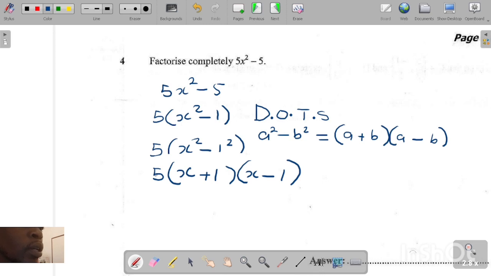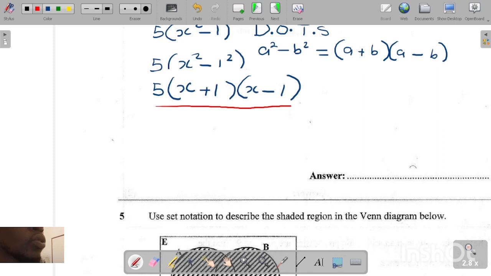So now we have factorized this expression completely. So you can just write your answer here, 5 times x plus 1, times x minus 1.